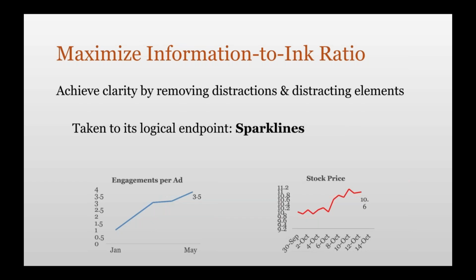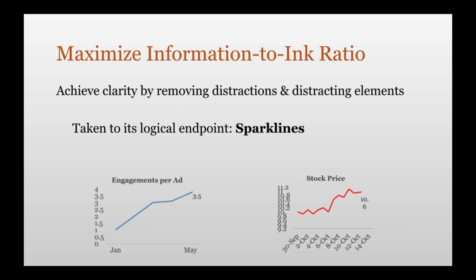What Tufte really recommends is to keep things as concise as possible without removing the main point of the visualization. So you're still getting the point across without, in these cases, grid lines or even fully drawn axes.